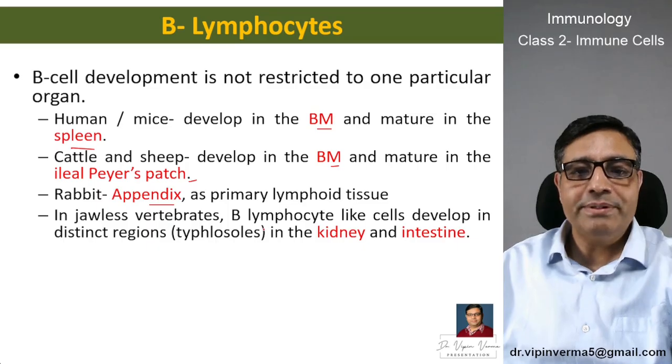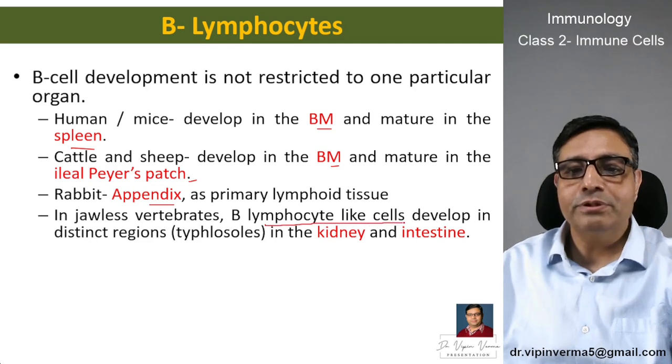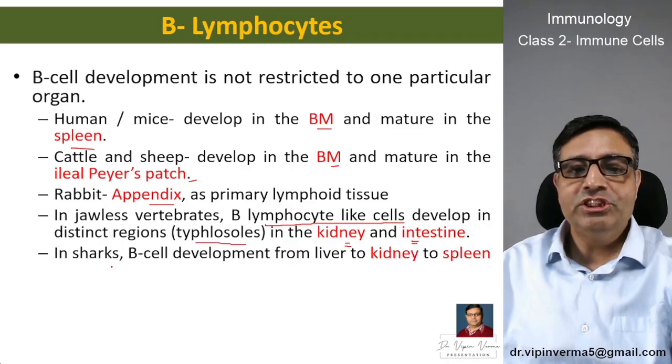In jawless vertebrates, B lymphocyte-like cells, not exactly the B lymphocytes, but B lymphocyte-like cells, develop in the distinct region which we call the typhlosole, in the kidney and intestine. And in sharks, B cell development goes from liver to kidney to spleen.